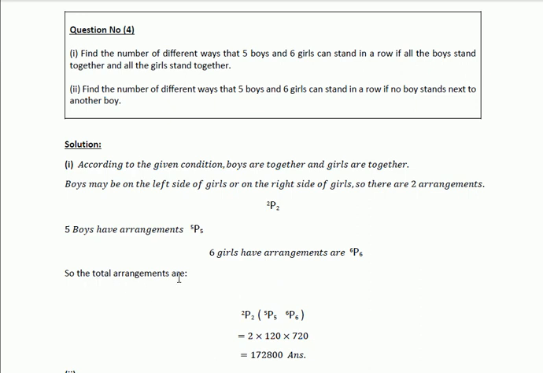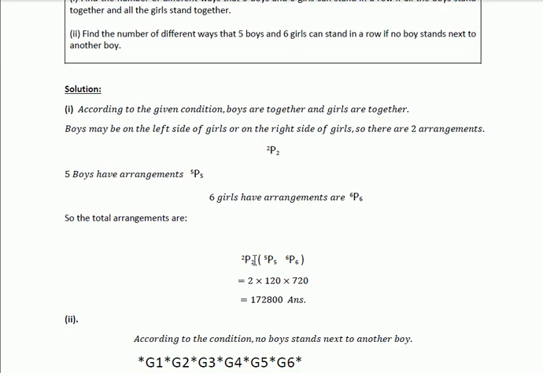So the total arrangement is 2P2, the option for the boys or the girls standing on the left or right side, times 5P5, the arrangements for the boys, times 6P6, the arrangements for the girls. So the total arrangement is 172800.